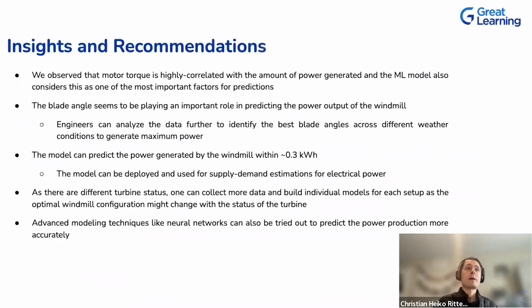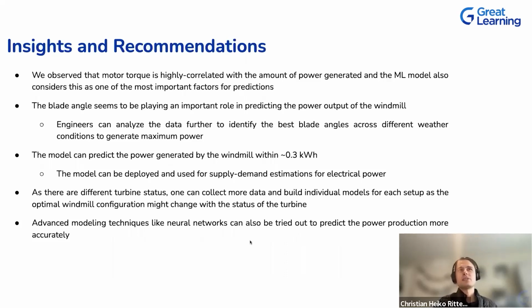Okay, so wrapping up, what have we learned through our project? We have first learned through the EDA that there are certain variables which are correlated with each other, and specifically that the motor torque is highly correlated with the amount of power.